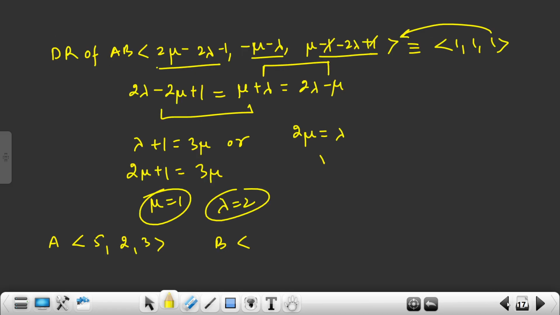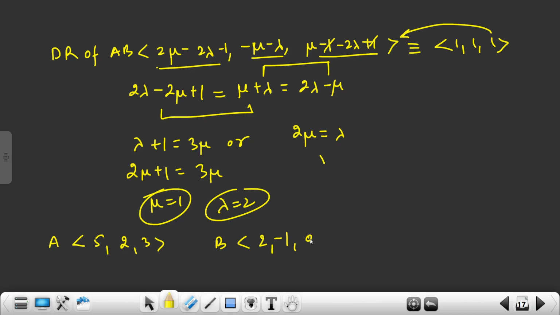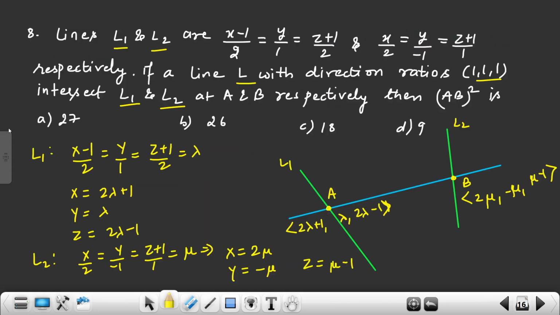And what is the B value? 2 mu, that is 2, and minus 1, and it is mu minus 1, 1 minus 1, 0. Now the AB distance, what do we have? Root over 5 minus 2, 9; 2 plus 1, 3, 9; 9. So AB square is how much? 27. This is my distance. So this is my first option.